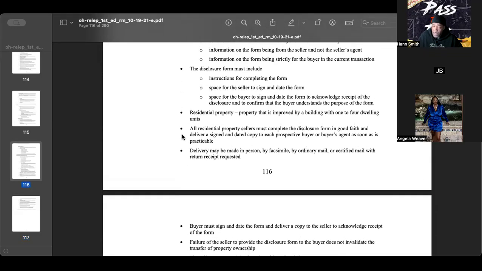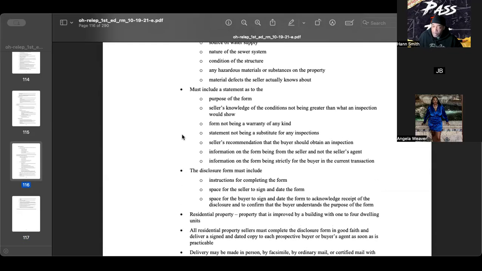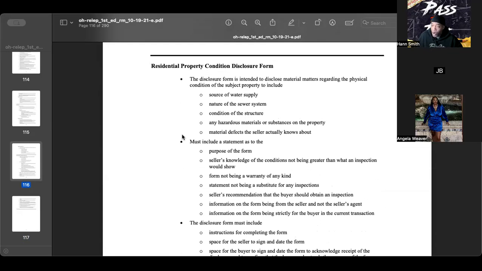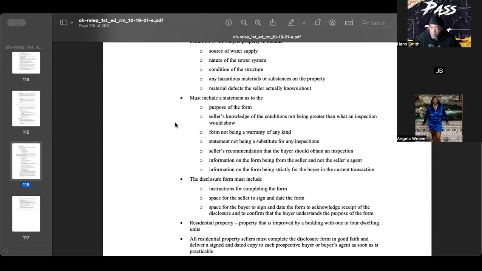The consumer guide to agency relationship, the agency disclosure, and this form are all state required forms. So in every packet that you're doing when you're representing the seller, you're going to have the consumer guide to agency relationship and the residential property disclosure form, and probably the agency disclosure form is going to come when you get ready to get in contract with somebody.